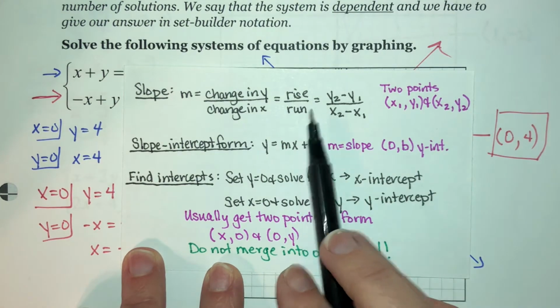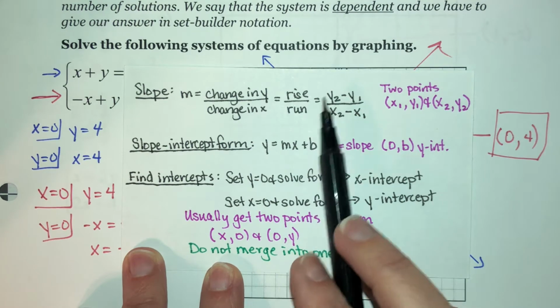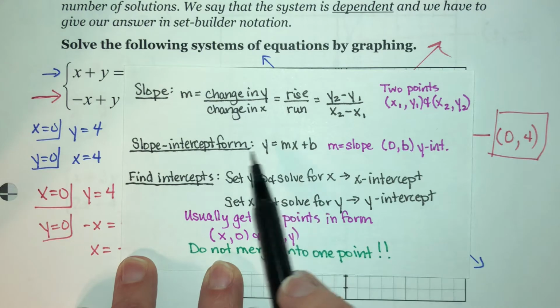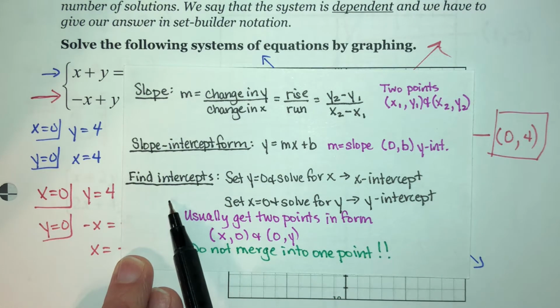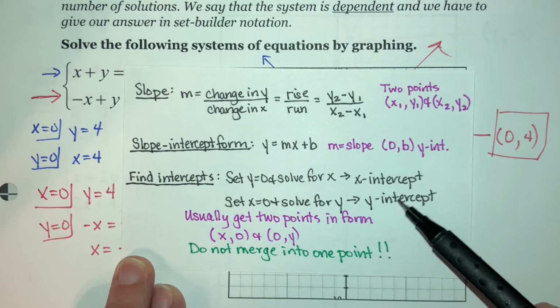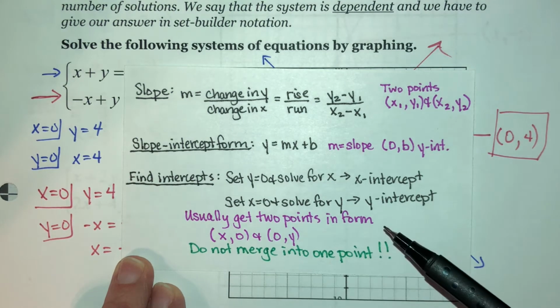Mainly when we're graphing, we're going to be using rise over run. Rise is your up-down movement from one point to another, and run is your left-right movement from one point to another. We tend to graph using intercepts when we can, because we plug in zeros and solve for the x and the y. This is because zeros are always nice. It's usually the easiest way to do it.